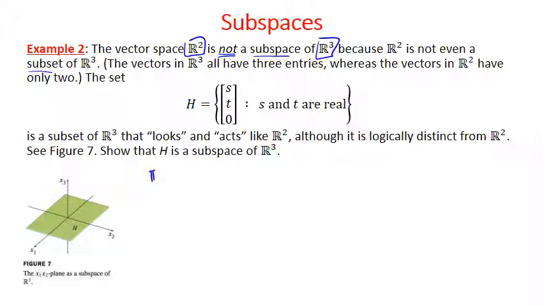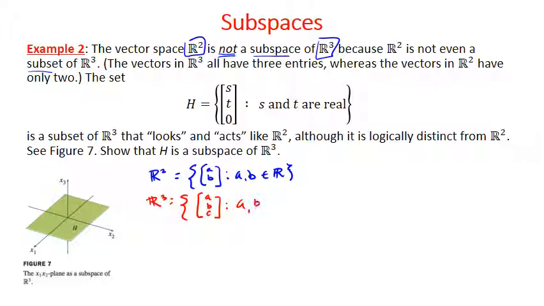Recall that R2 is the set of vectors (A, B) such that A and B are in the reals. On the other hand, R3 is the set of vectors (A, B, C) such that A, B, and C are in the set of reals.